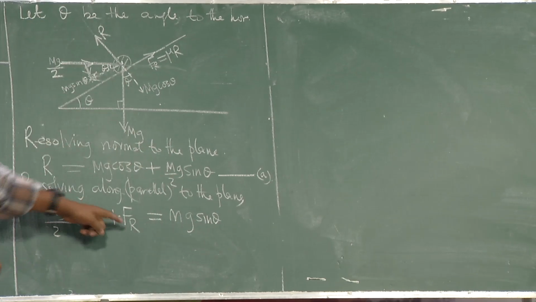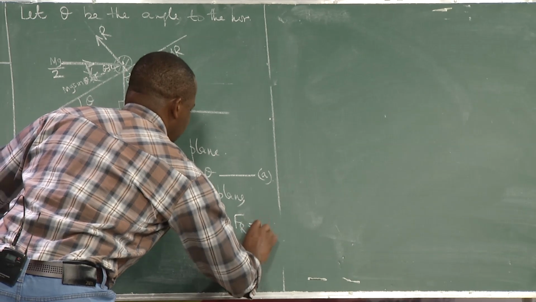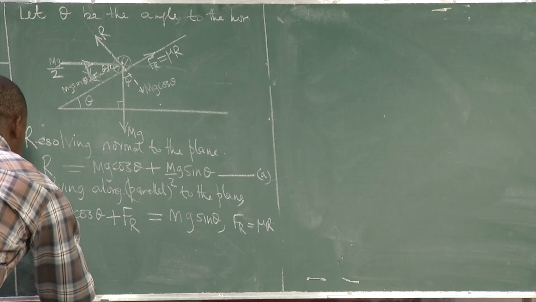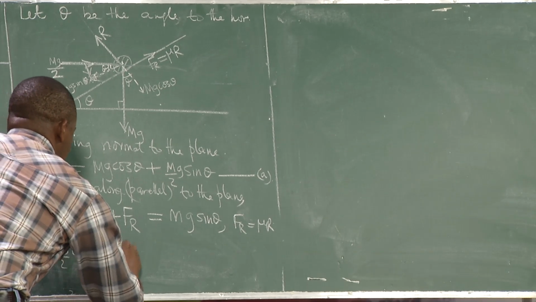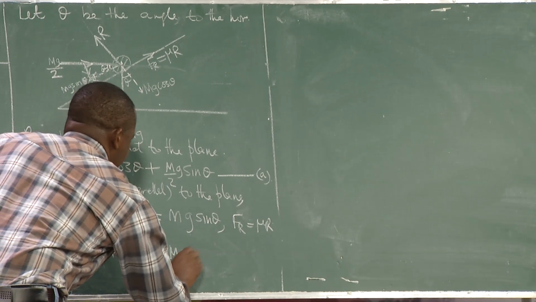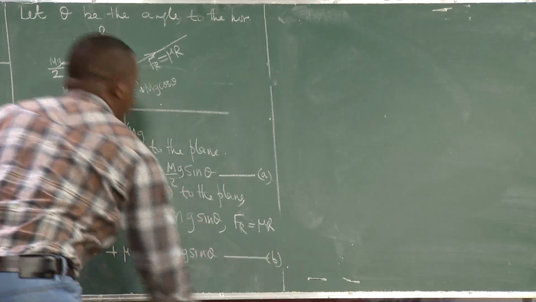If I substitute for the frictional force, which we know is mu R, we shall get that mg over 2 cos theta plus mu R should be equal to mg sine theta. And we shall call this equation B.